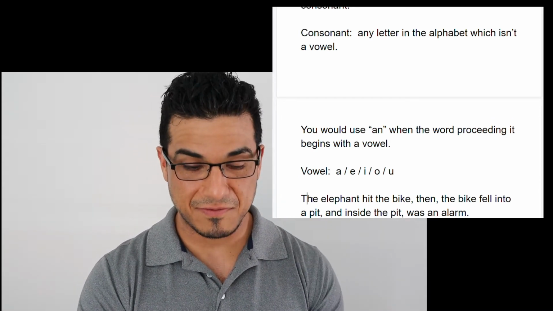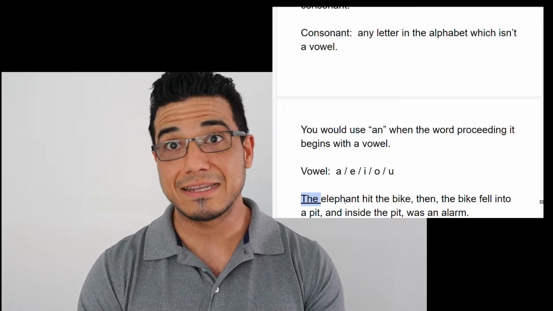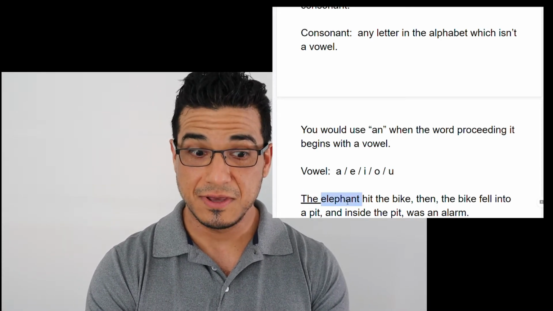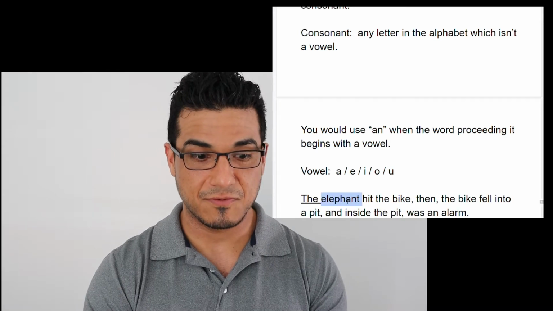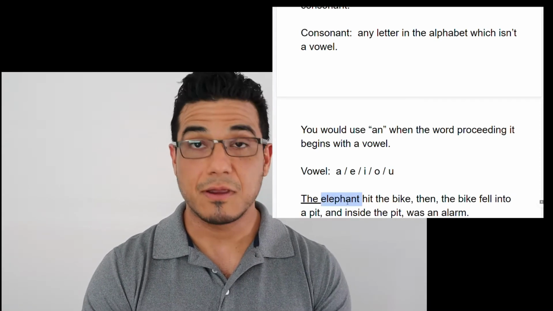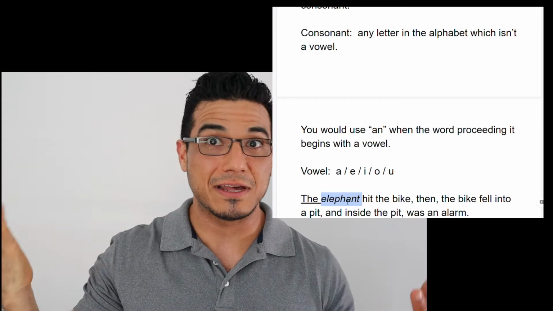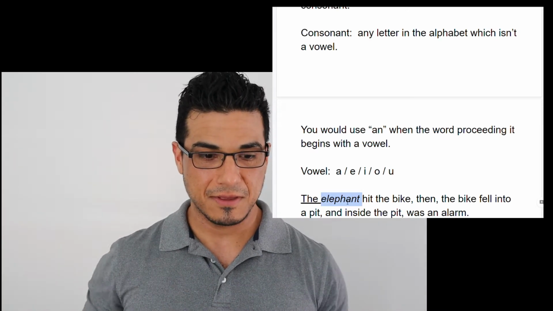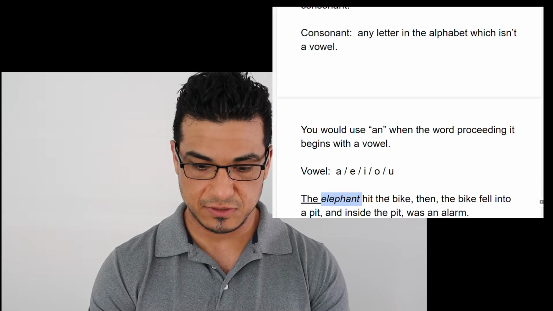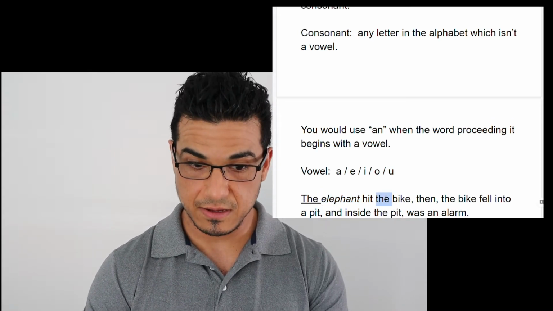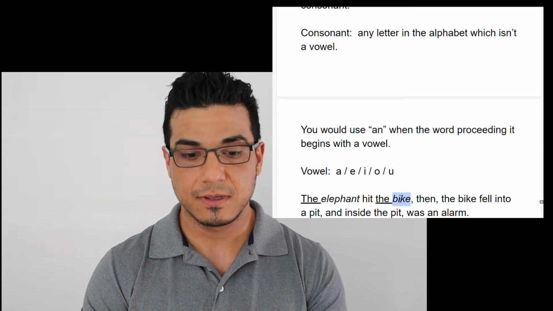All right, so we have the definite article referring to the elephant, which suggests a mutual understanding of which elephant is being discussed, right? Hit the bike, so it hit the bike. I'm also referring to a specific bike.